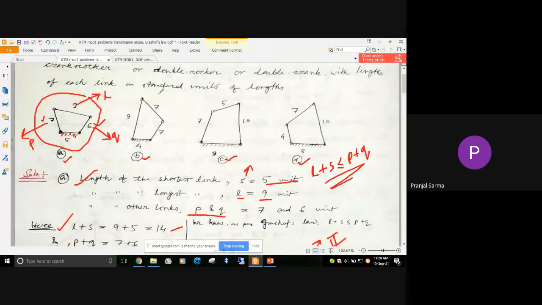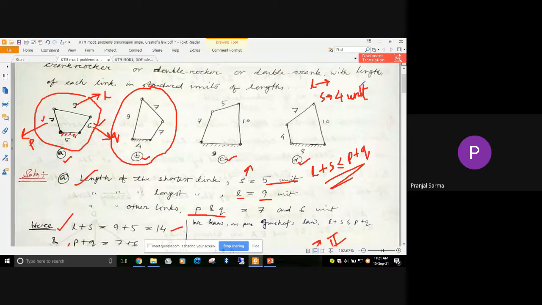For the second one, who can tell me what will be L, S, P, and Q in this case? S is 4. Okay, 4 units. Don't forget to write the unit. Right now the unit is not mentioned, so you use the word unit itself. Or if you want, millimeter or centimeter, as per your convenience, no problem.